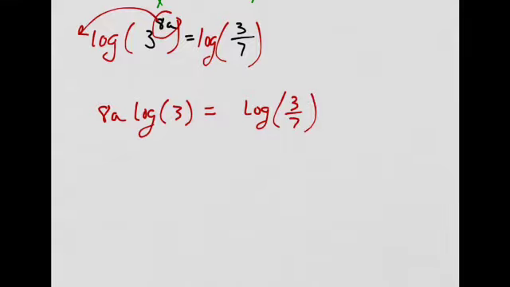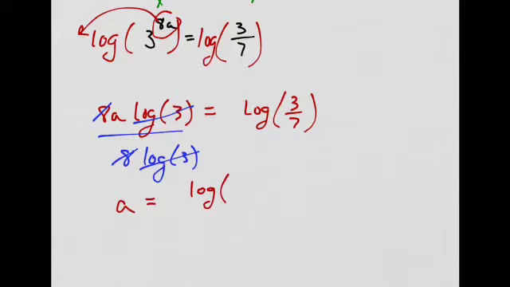And there we go. The last thing I'm going to do may make you uncomfortable. I want to get a by itself, so I'm going to divide by 8 log of 3. And that will go away, and that goes away, leaving me with just a equals log base 10 of 3 over 7 divided by 8 log of 3.